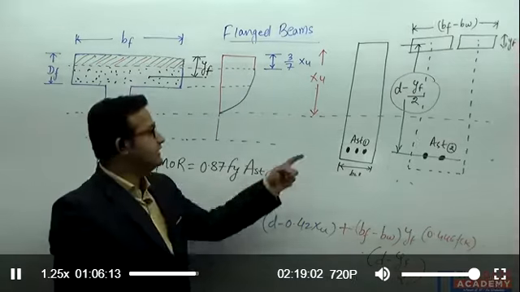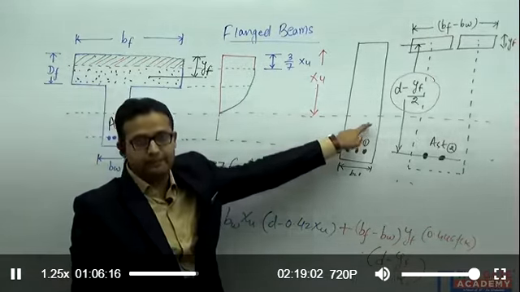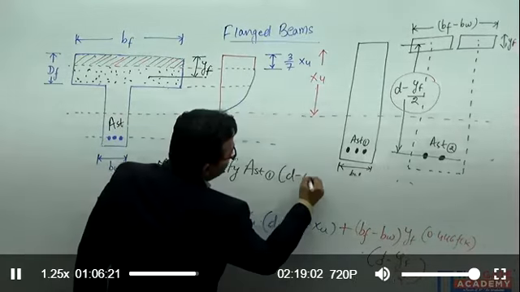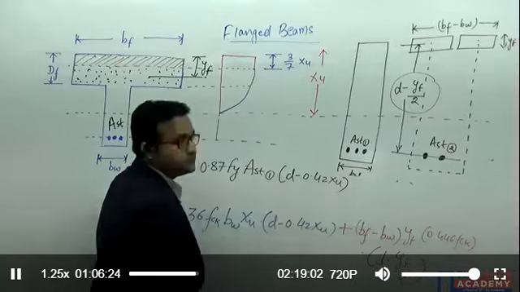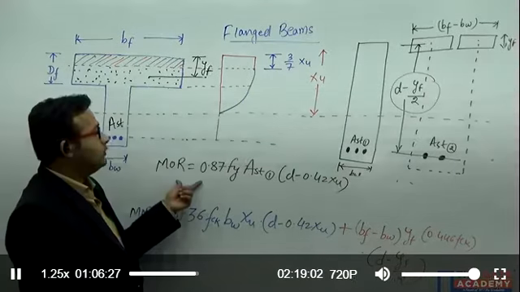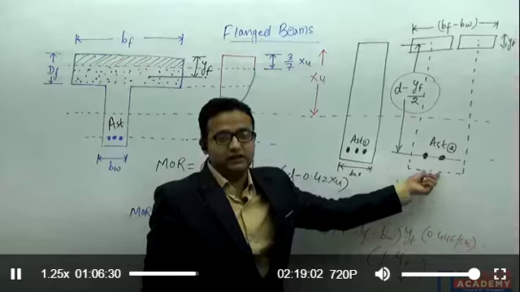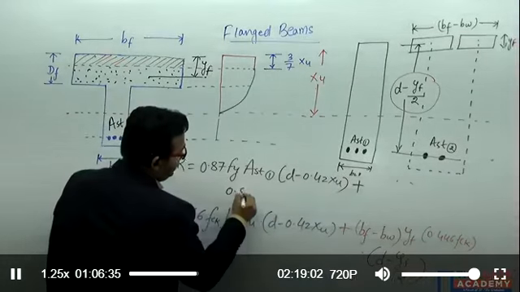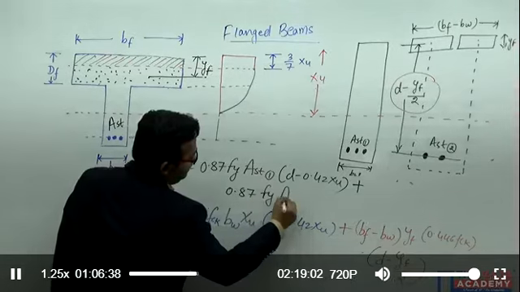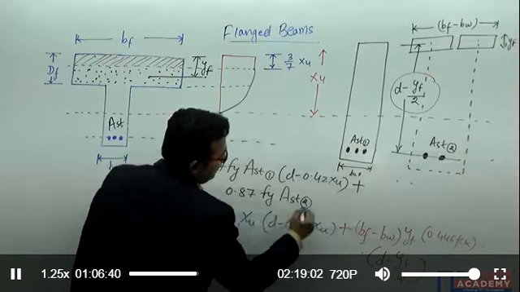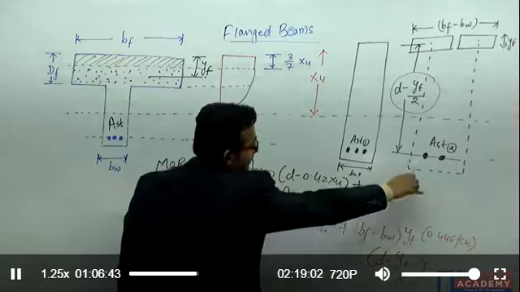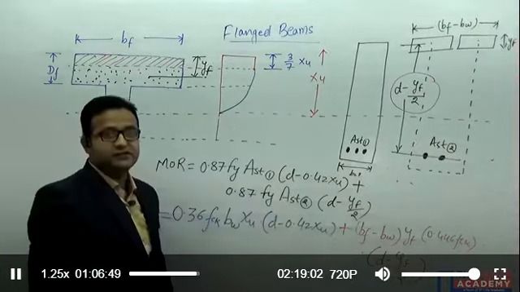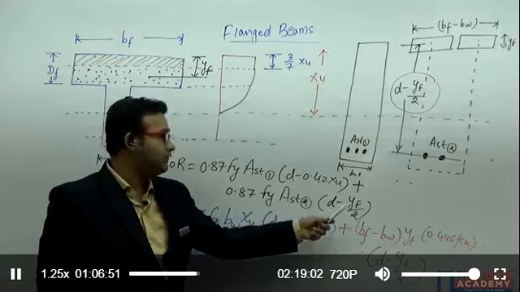This is the total tensile force given by figure 1, where the lever arm is the same, D minus 0.42 XU. Right? Now whatever the moment of resistance given by the second section, that also we can add here, plus 0.87 Fy ST2 into the lever arm available here, D minus YF by 2. And YF is your equivalent depth of the flange.